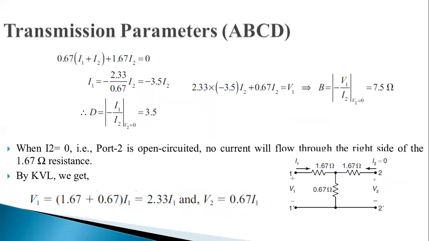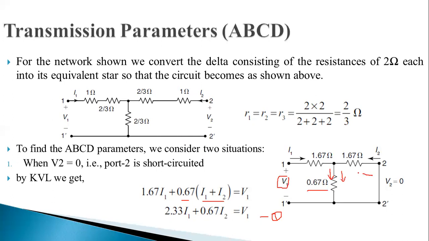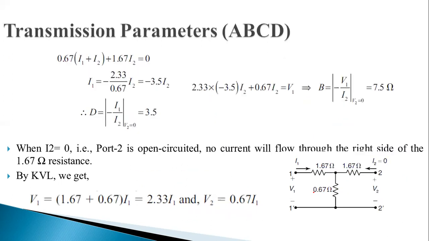For the second loop, when I apply the KVL with respect to this direction, I will get the new equation for I2. This is 1.67 plus 0.67 with respect to I2, and with respect to I1 it is 0.67. So I will get the new equation such as 0.67 I1 plus 1.67 I2.